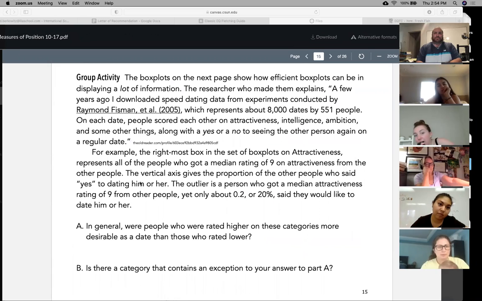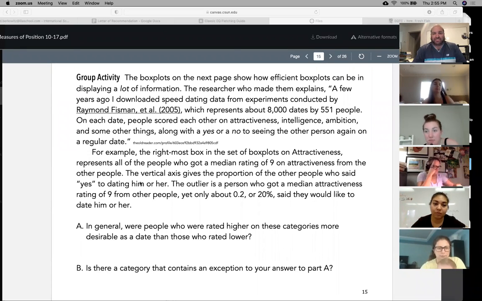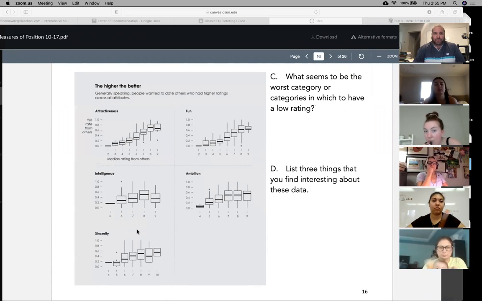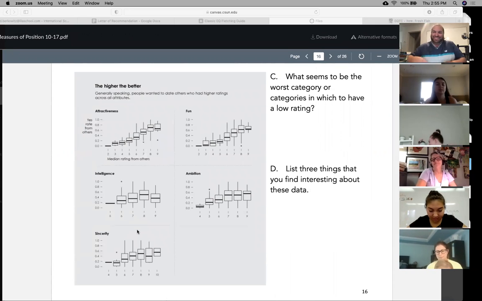Let's do this last one. So the box plots on the next page show how efficient box plots can be in displaying a lot of information. Let's first look at them. So, Angela, this is very important. Generally speaking, people want to date others who had higher ratings across all attributes.